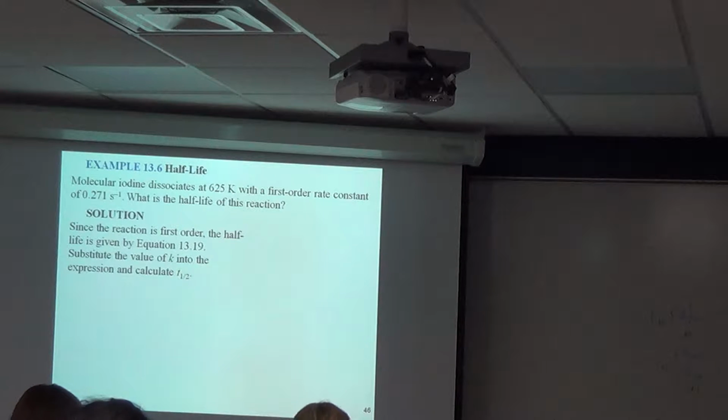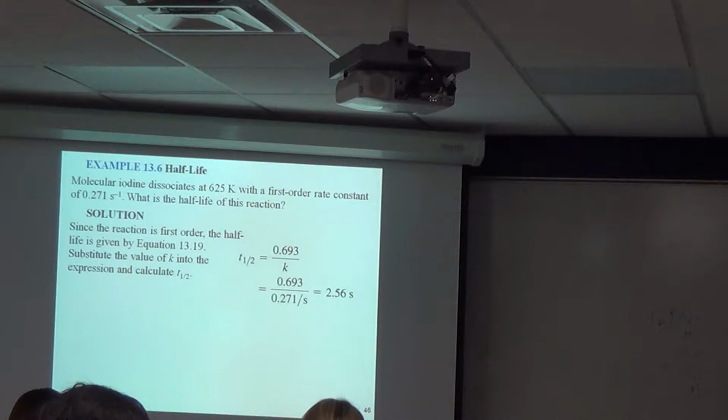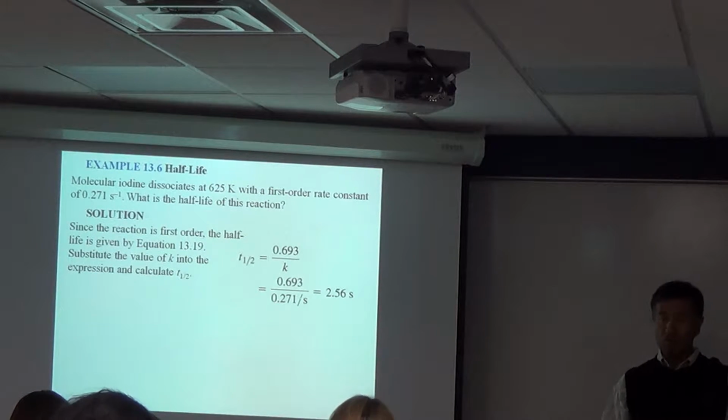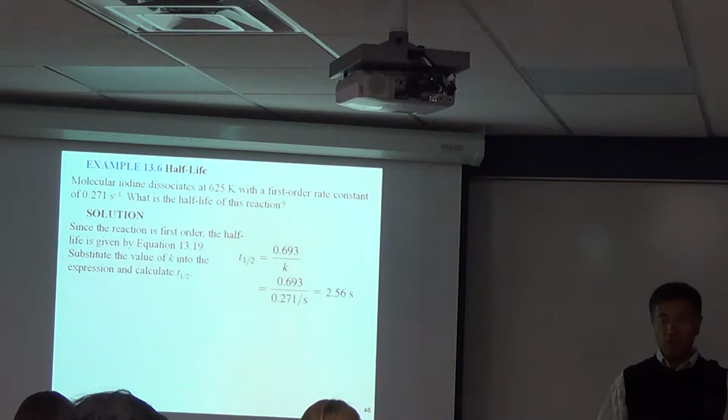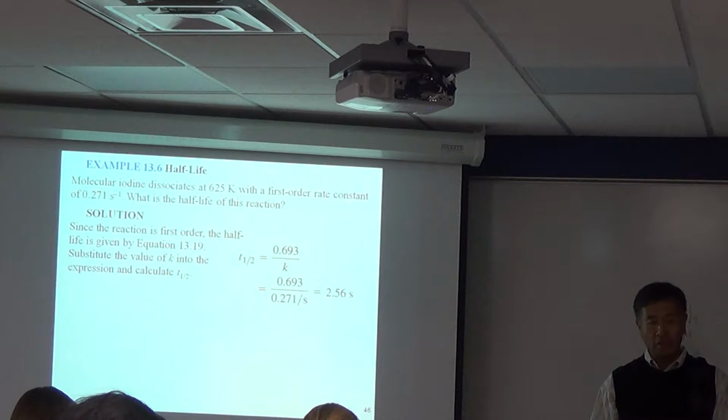Got it? So now you just remember the equation for the t1/2 is 0.693 divided by k. Then what unit do you get for your half-life? Well, that usually depends on what unit is given to you for the k. Right? For the first order reaction, your k is just 1 over the time unit.